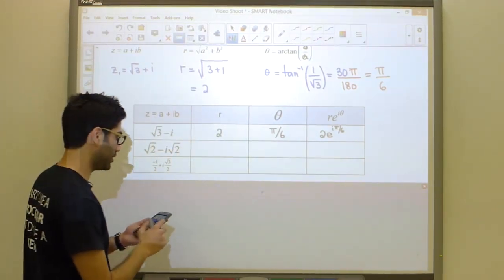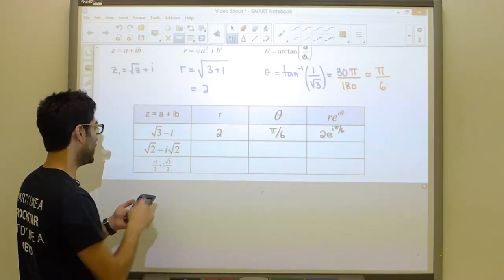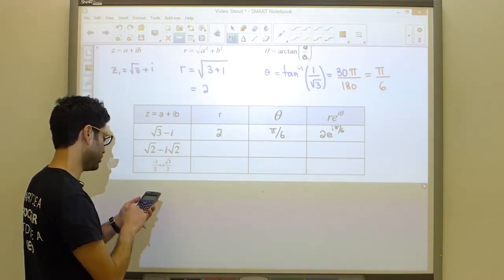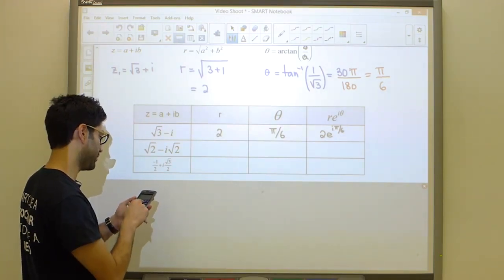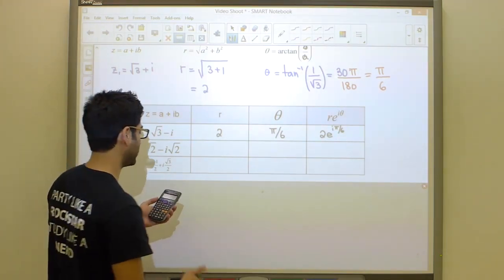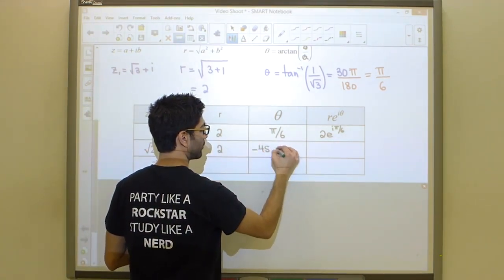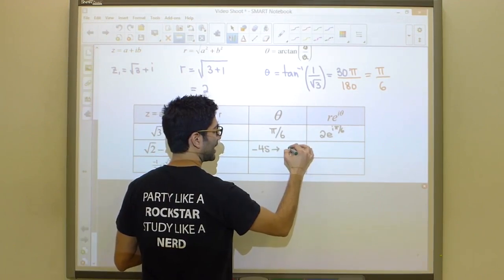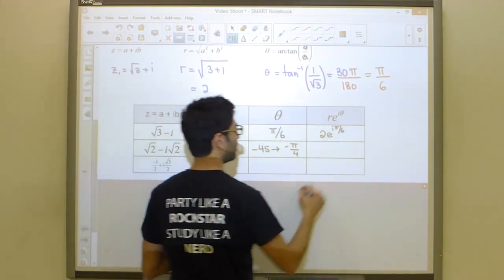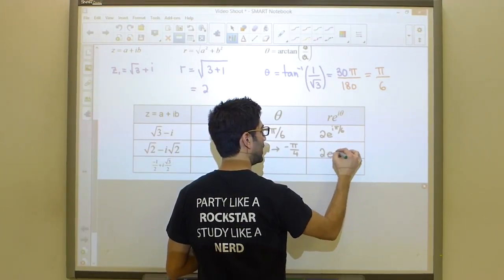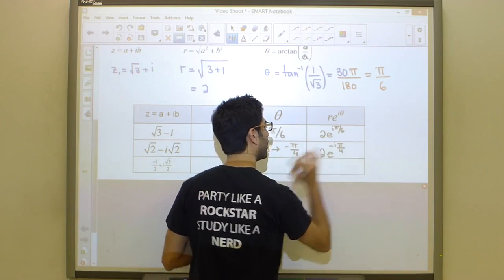So using our calculators, we're going to convert the other two. If I take root 2 and negative root 2, my calculator will spit out 2, and it spits out negative 45, which of course I convert, and I get negative pi over 4. And writing it in polar form, I will write 2e to the negative i pi over 4.